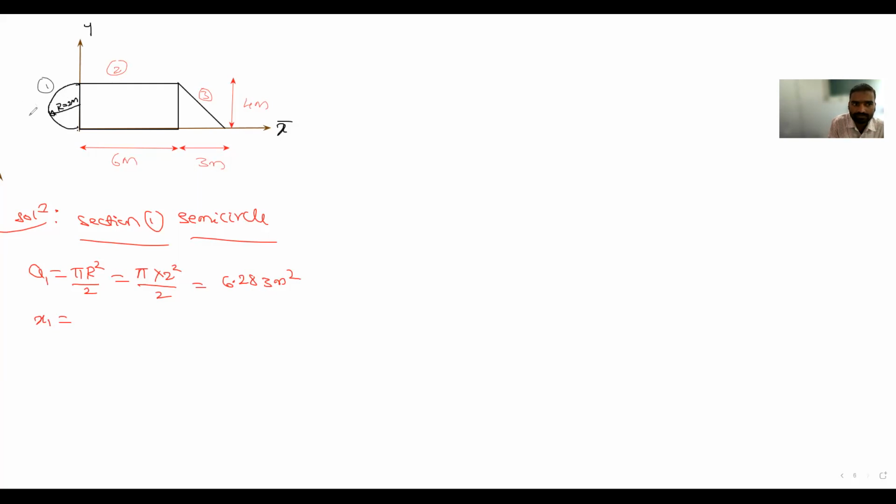If you had taken your reference axis at the leftmost corner, then it would have been positive, but you have taken it at the center. It means it is left of the center, which is your reference axis. So for this I will write minus. Is it okay, everyone?